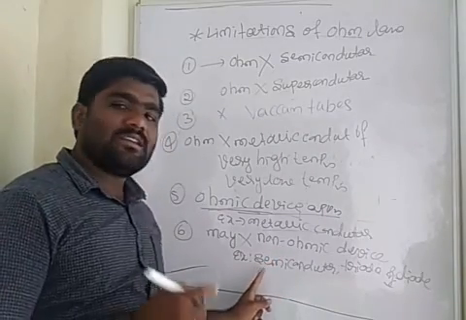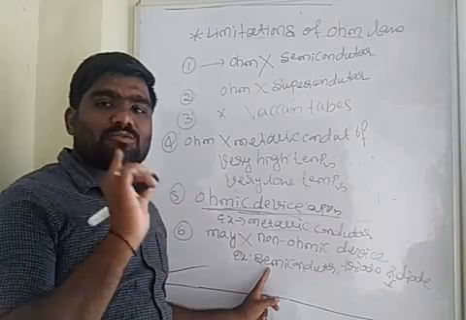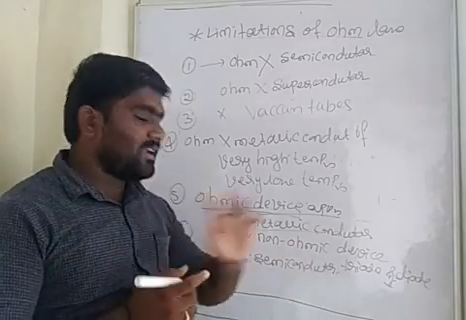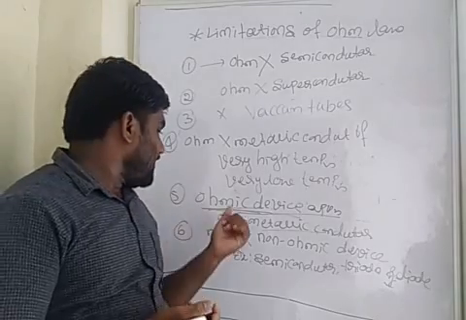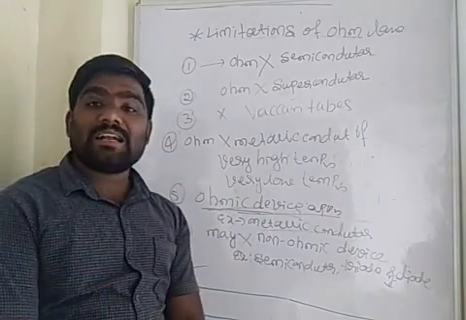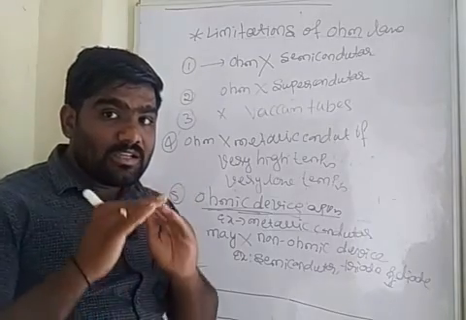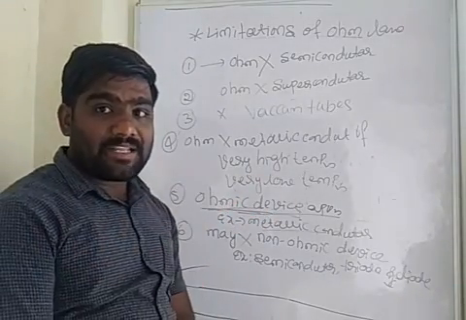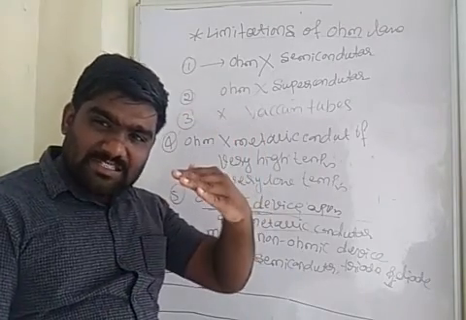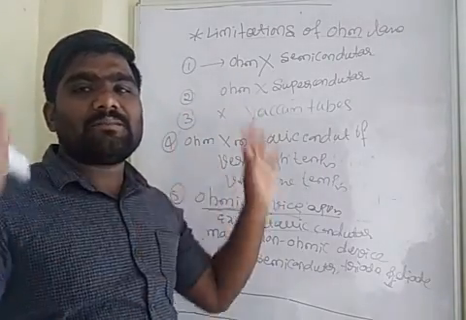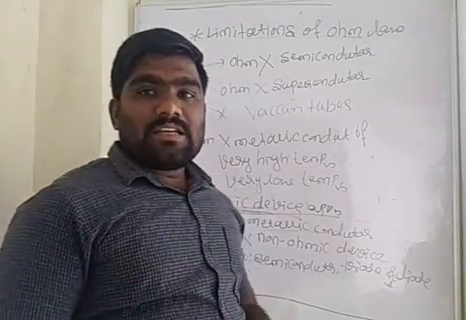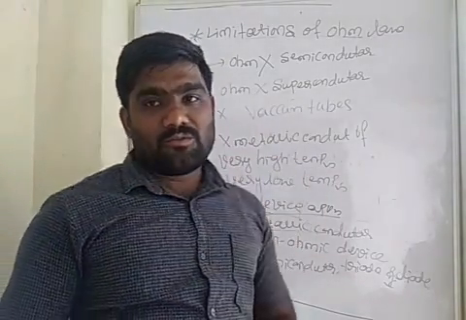Non-ohmic devices are devices in which Ohm's law is not applicable, for example semiconductor, triode and diode. Next, Ohm's law is applicable to metallic conductors only, and that too when they maintain a constant temperature. If the temperature is very low or very high, it may not be applicable. So these are the limitations of Ohm's law.